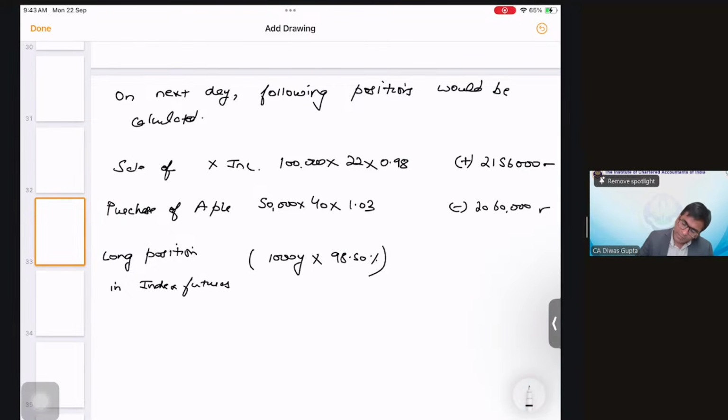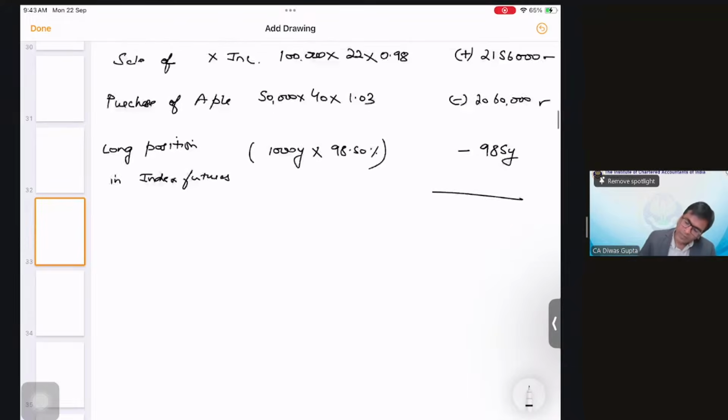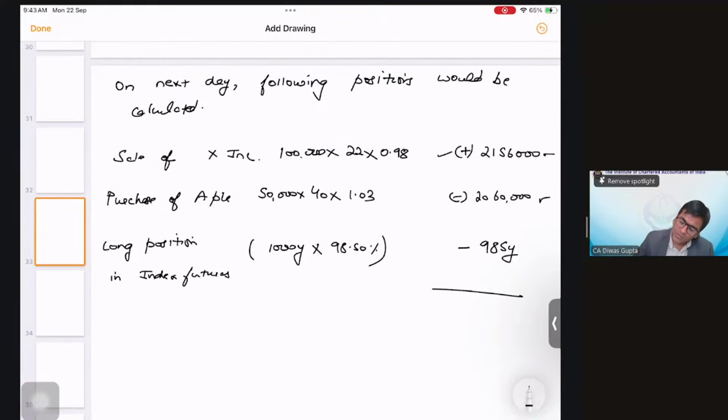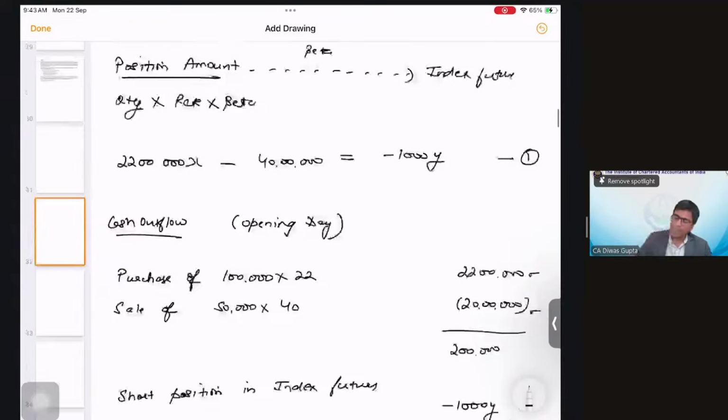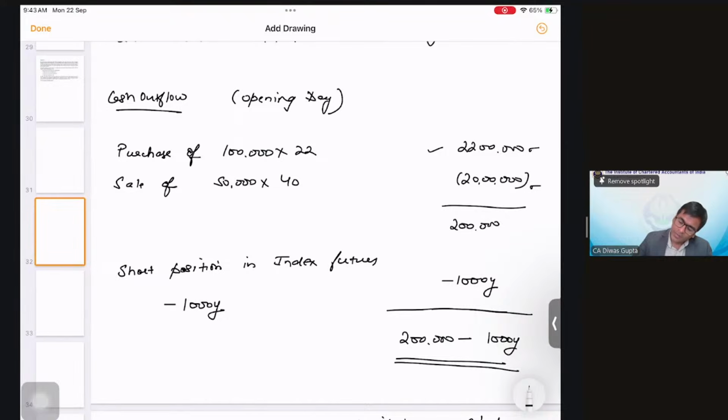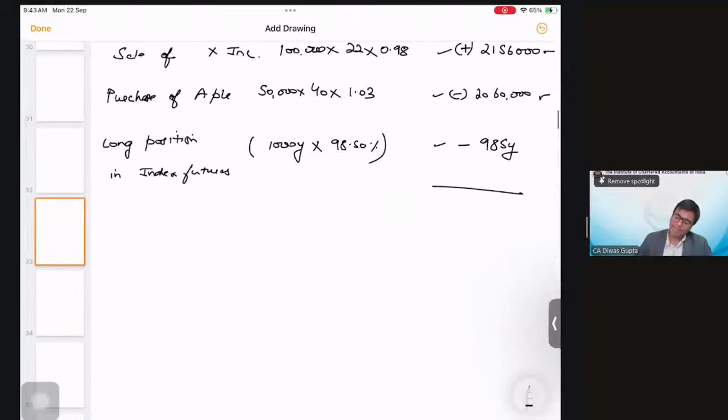Okay, so it will be minus 985Y. So 2156 is what we will get, 2060 is what we have to pay, and 985 is what we have to pay. Similarly here, 22 lakhs is what we have to pay, 20 lakhs is what we have got, and 1000Y is also what we have got. Clear? So this becomes 96,000 minus 985Y.